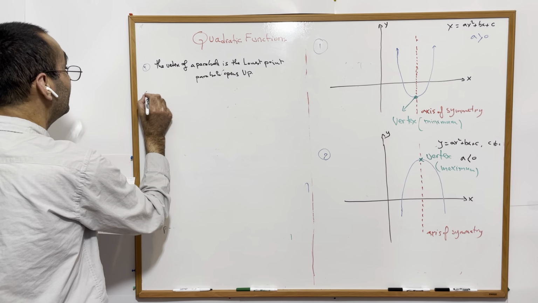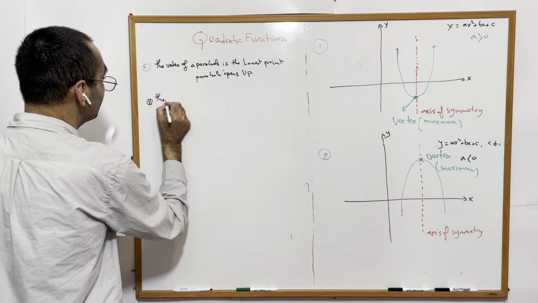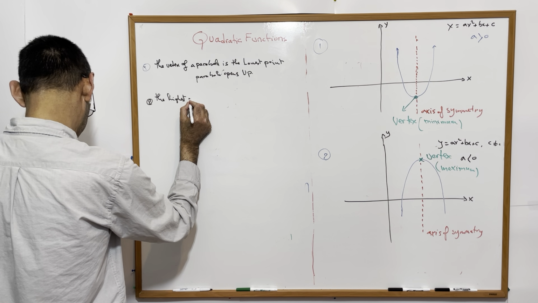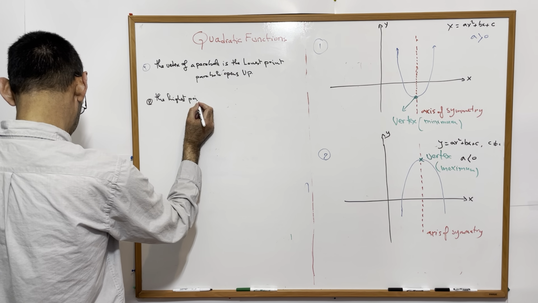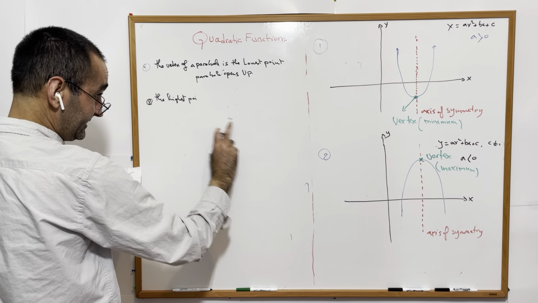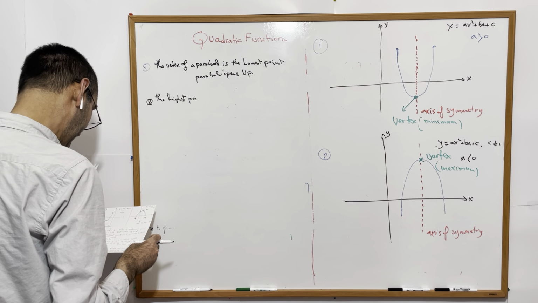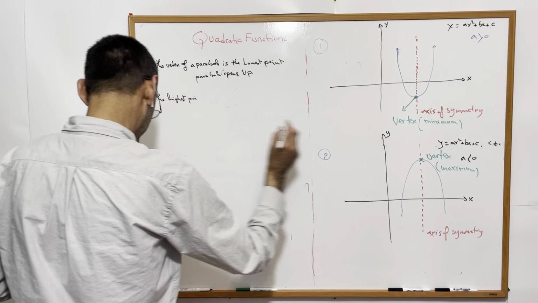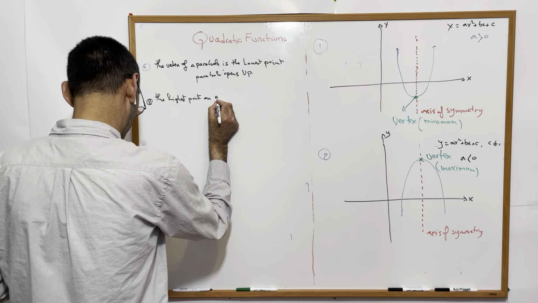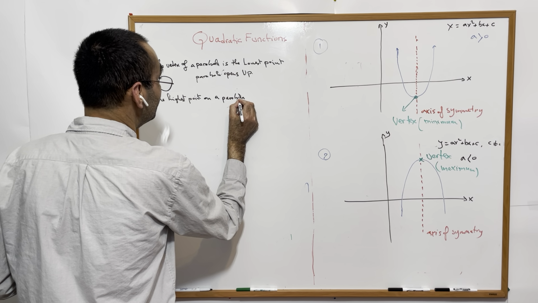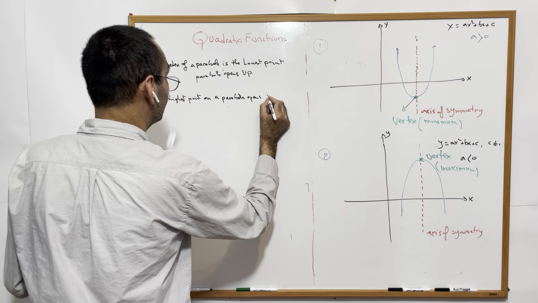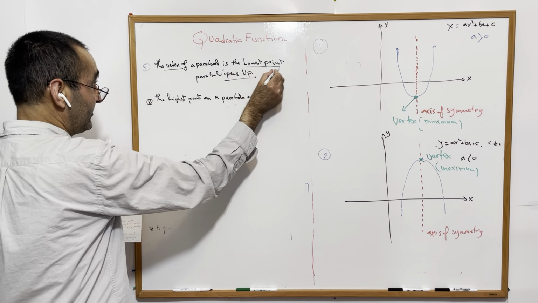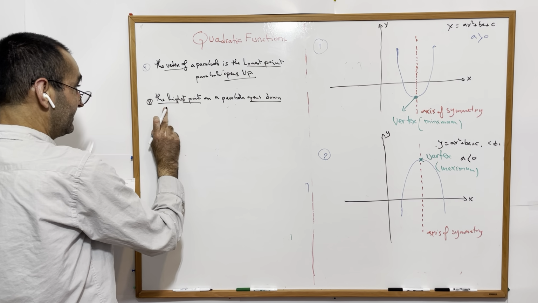In the second one, the parabola opens down, and the vertex is the highest point. The vertex here is the lowest point, and the vertex there is the highest point.